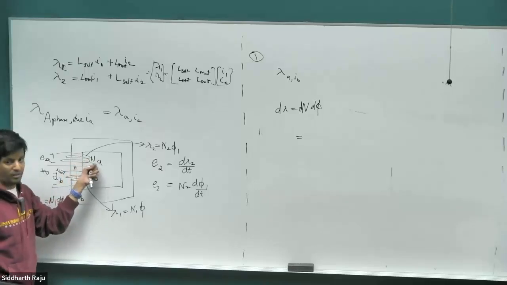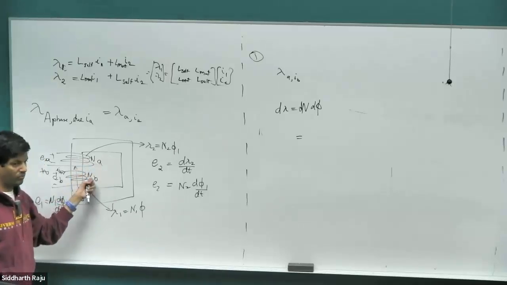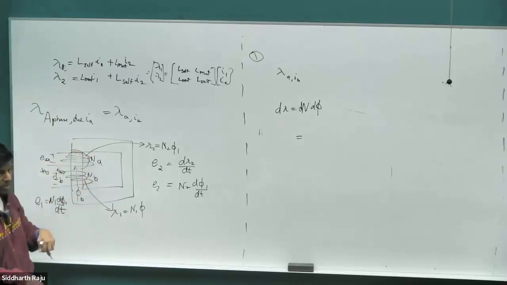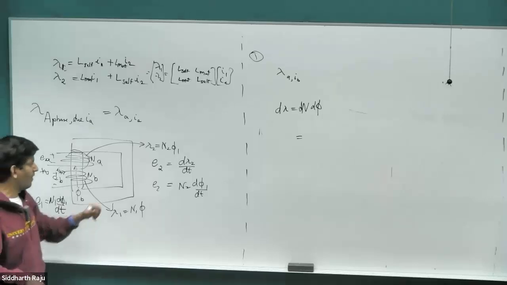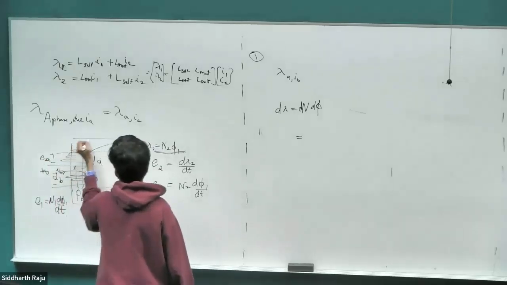So the answer I think we gave was Na times phi or Nb times phi. If I'm interested in the flux linking the A phase coil due to flux from the B phase, which one did I use? Right, so this was previously our lambda 2.